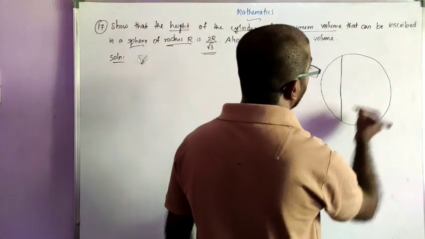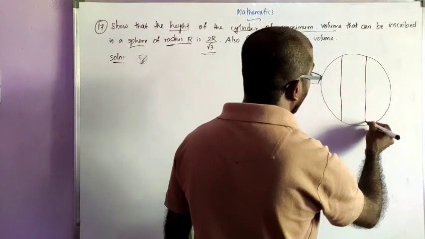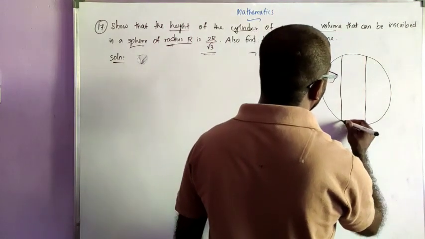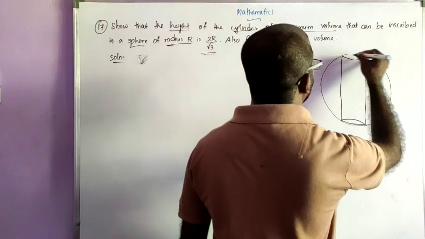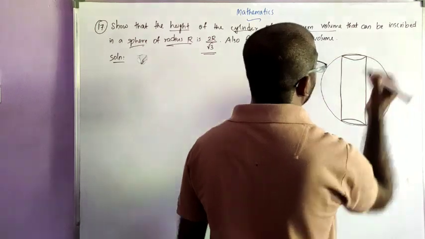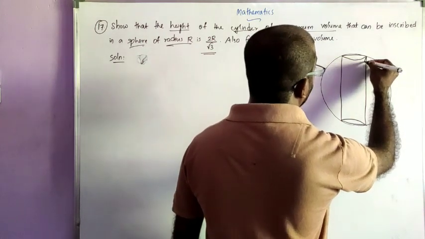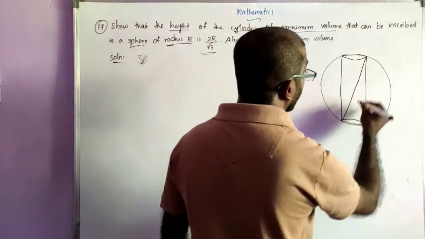So we have to draw a cylinder inside the sphere. Here we can mark one line.